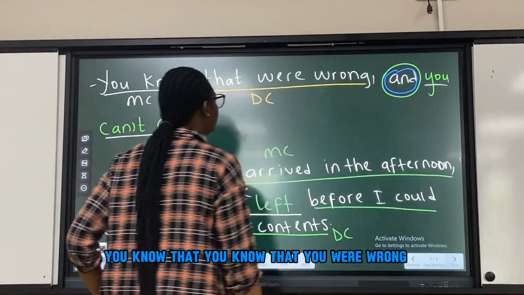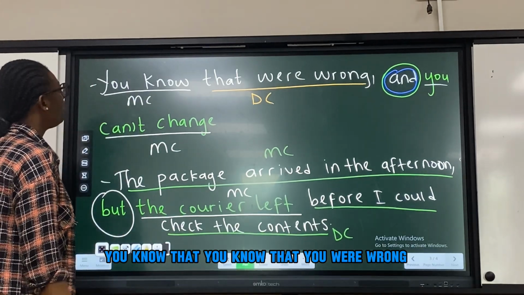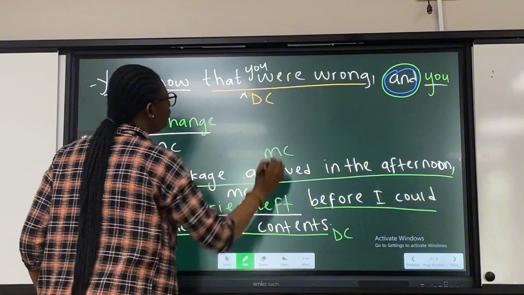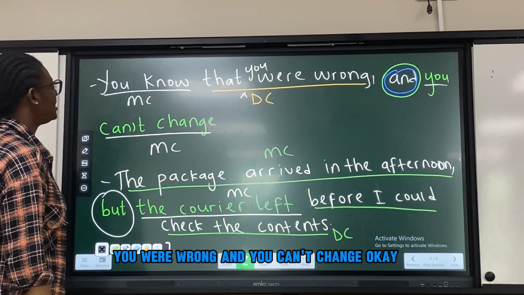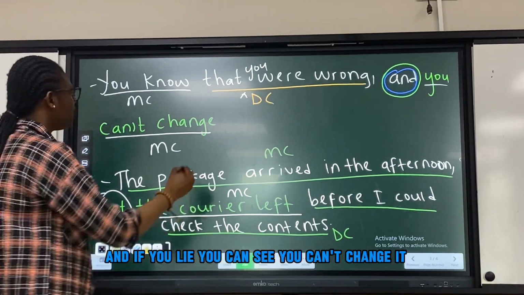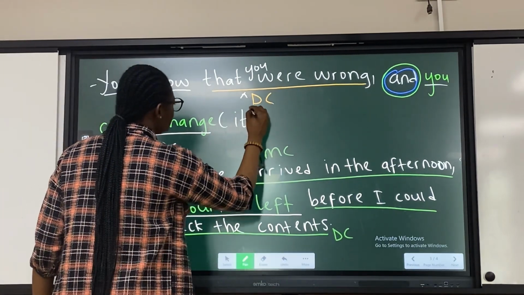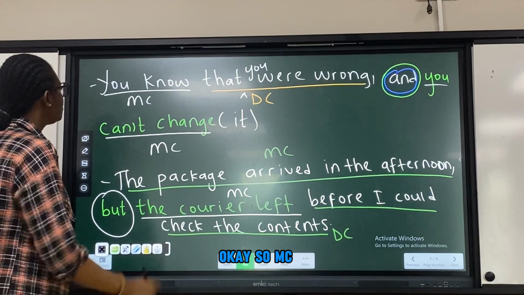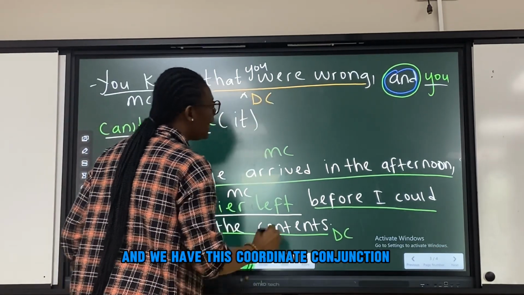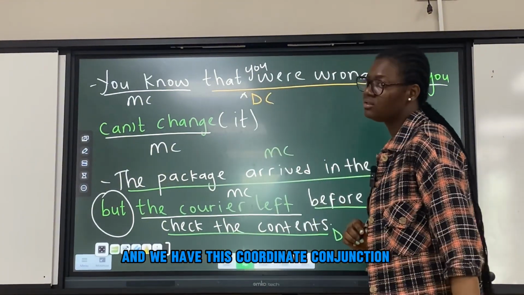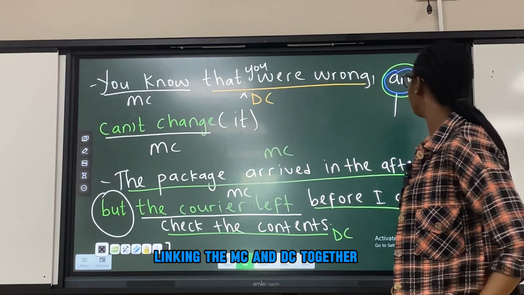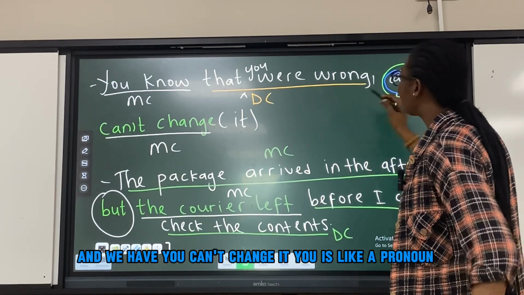You know that you were wrong and you can't change. Okay, you know that you were wrong and you can't change, and if you like you can say you can't change it. Okay, so MC, you know, DC, that you were wrong, and we have this coordinating conjunction linking the MC and DC together, and we have you can't change it.